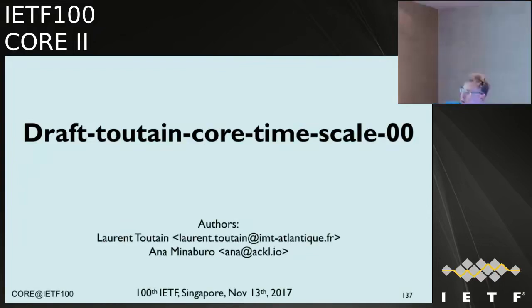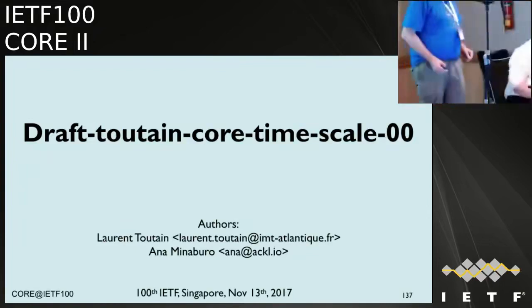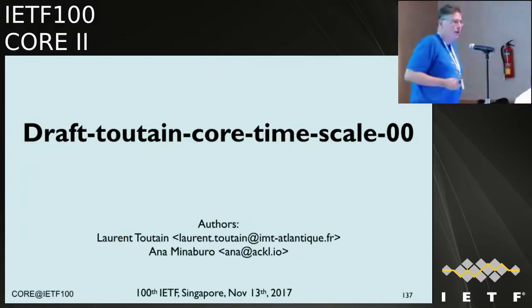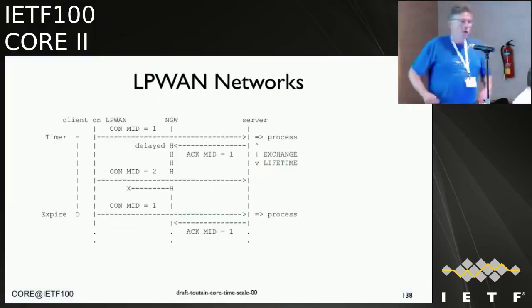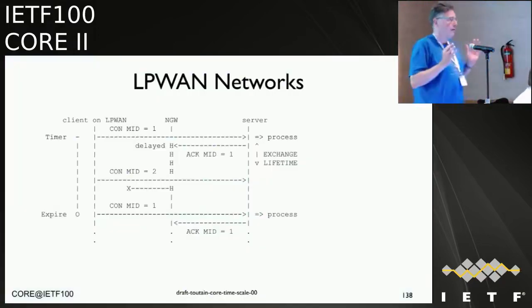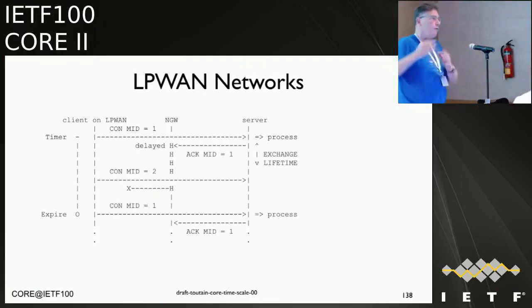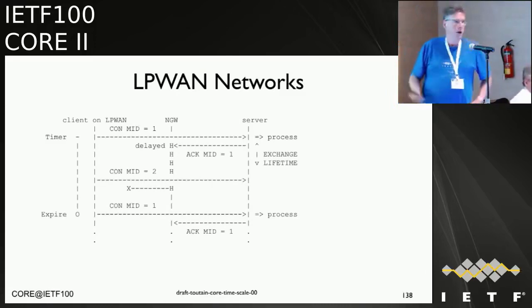So my name is Laurent Toutain, and I will talk about slow reactive devices that can be connected to the network. When I talk about a slow reactive device, it's a device that cannot talk all the time. For example, you have a slotted network and you have slots, but not very often, so you have to delay your transmission.